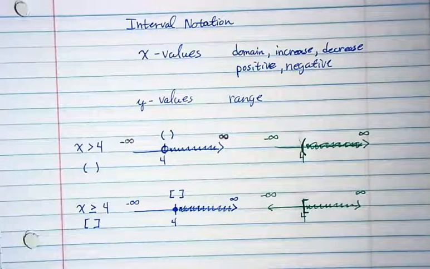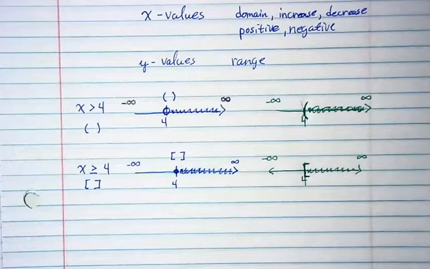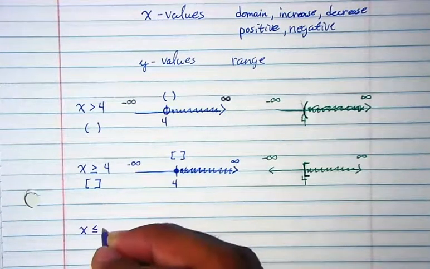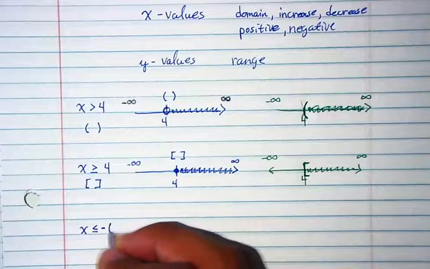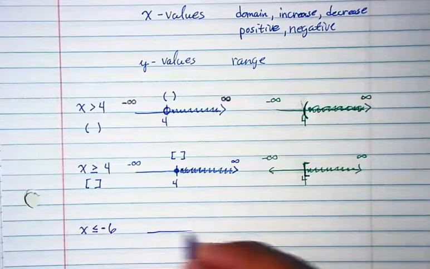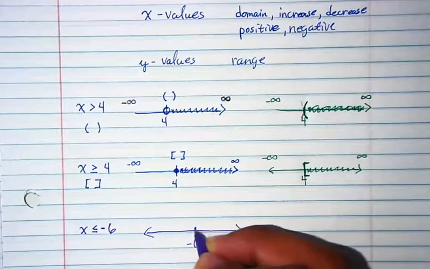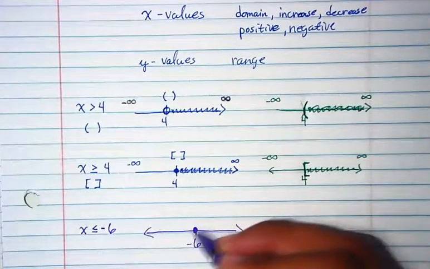We're like, cool. And I'm going to throw a less than sign here too, so that way nobody's like, oh my gosh, this doesn't make sense. Like, what happens if it's a less than sign? So I'm going to throw one of these in here. I'm going to throw the equal to in. Let's say -6. All right, so again, real quick, the old way of doing it, we had -6 here. We had a closed circle. It says less than, so we shade this way.